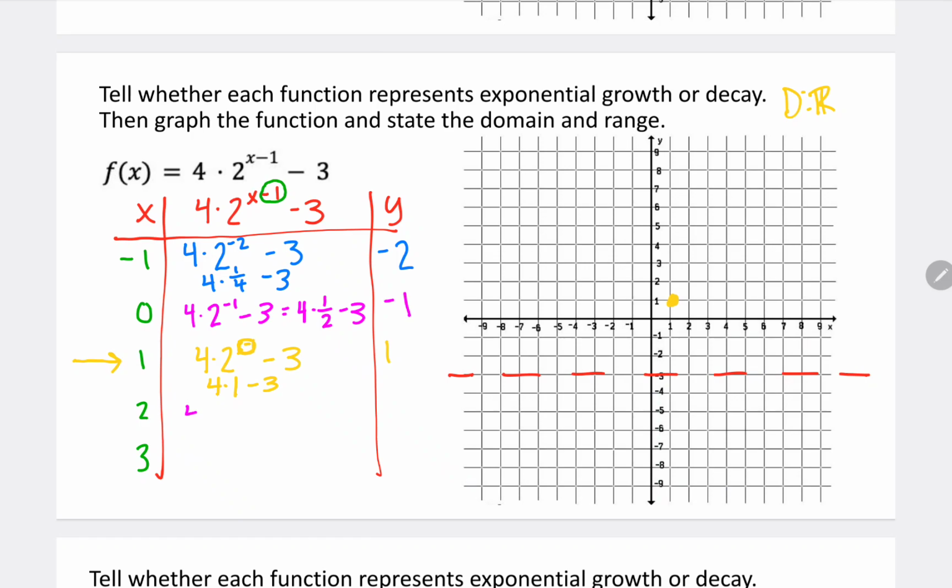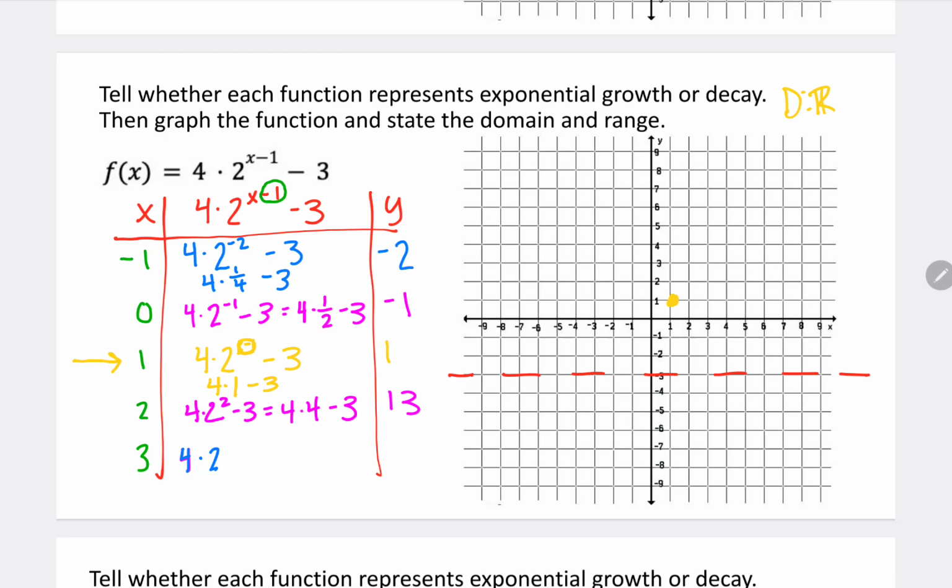When I plug in 2, I get 4 times 2 squared, or 4 times 4 minus 3. This one's probably going to be way too big for my graph then. Oh, I messed that up.